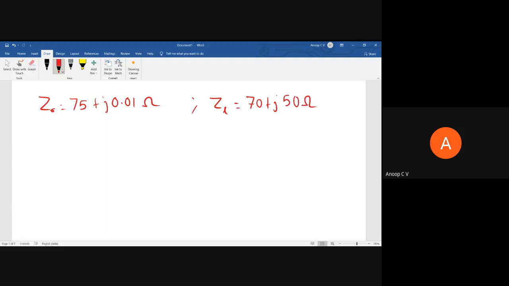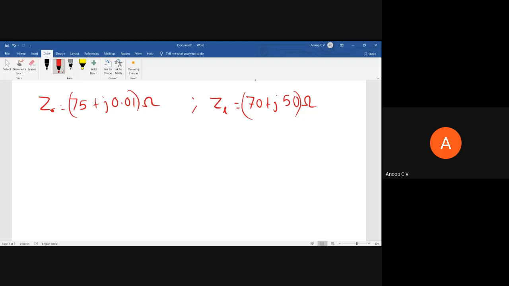So a certain transmission line has a characteristic impedance Z naught of 75 plus j 0.01 ohm and is terminated in a load impedance ZL equal to 70 plus j 50 ohm.